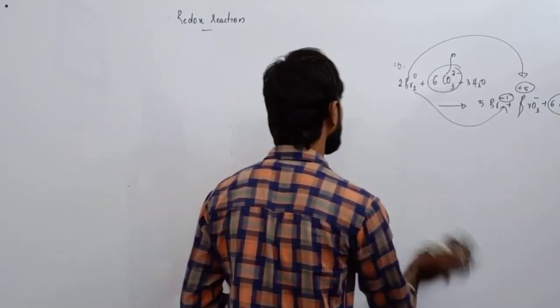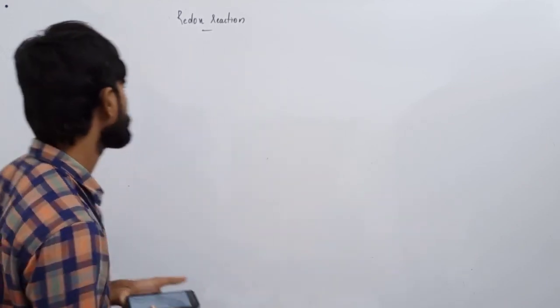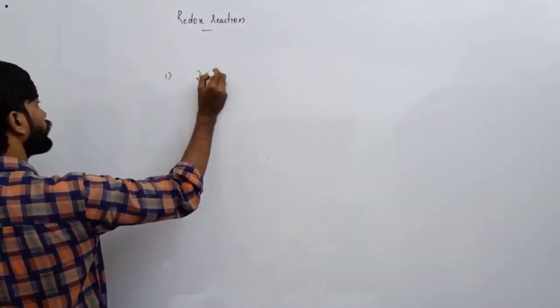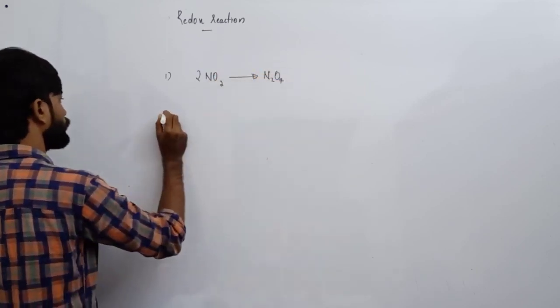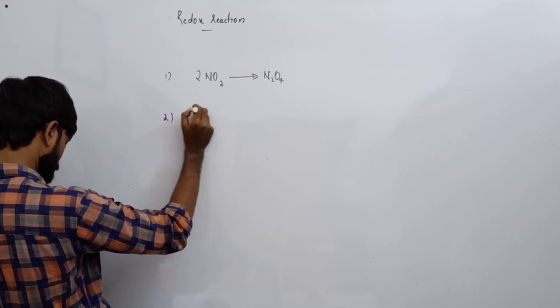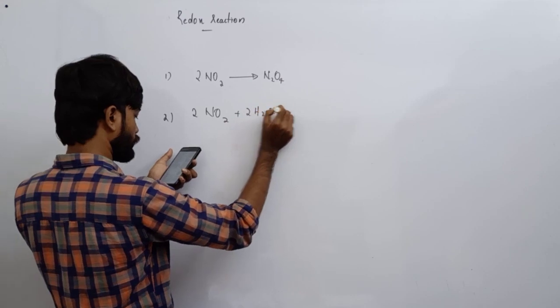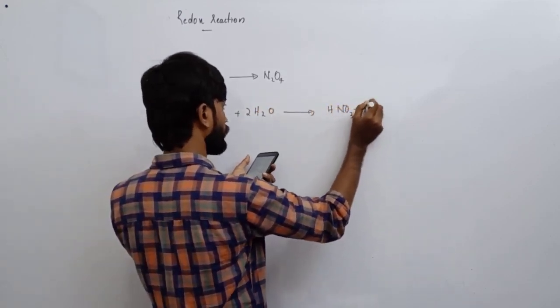Listen. The 11th question, that is, in which reaction is there a change in oxidation state of nitrogen atom. So simple question. Choice A, 2NO2 gives N2O4. And choice B, 2NO2 + H2O gives HNO3 + HNO2.